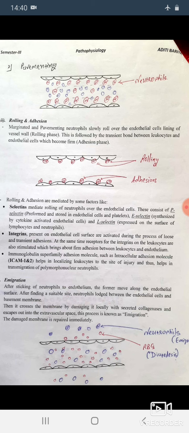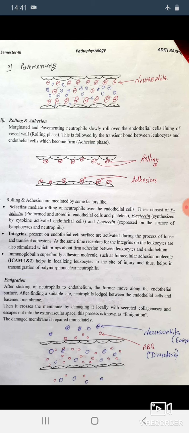And like that, the other substances are integrins. Integrins are responsible for the adhesion phase. Integrins are present on the endothelial cell surface, and the receptors for the integrins are present on the surface of leukocytes. You all know that whenever any substance comes close to its specific receptors, then obviously they bind with their receptors.